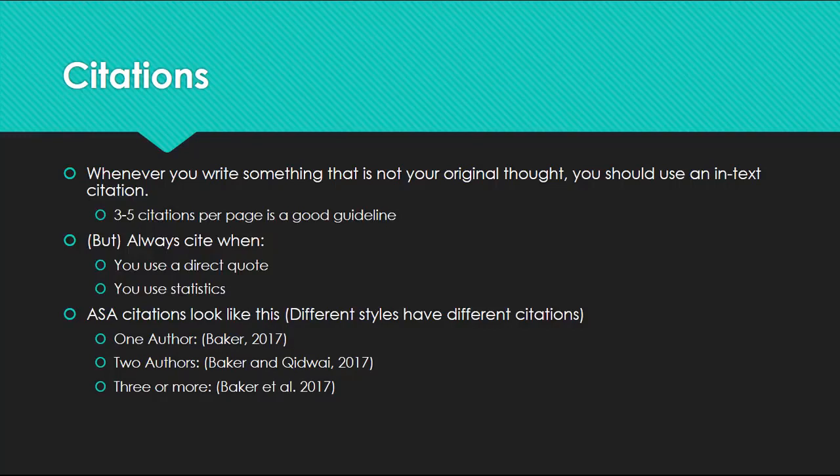So if we publish something in 2017, it would be Baker and Kidwai, comma, 2017. But if I wrote with more authors, and I was the lead guy in that publication, it would say Baker et al., 2017. That's not as common. The most common thing you'll see is one author, but that's what those other things look like.